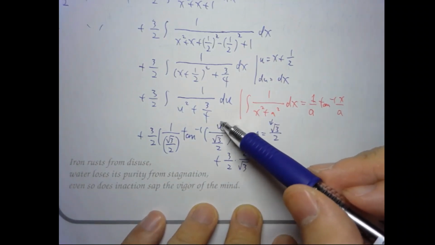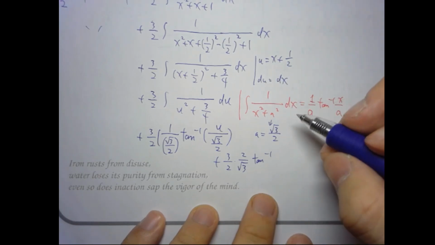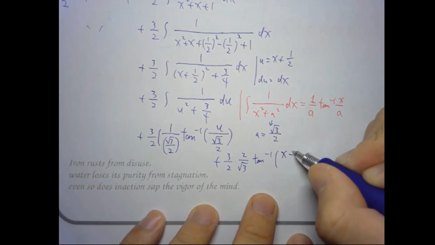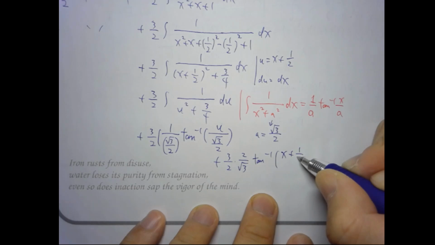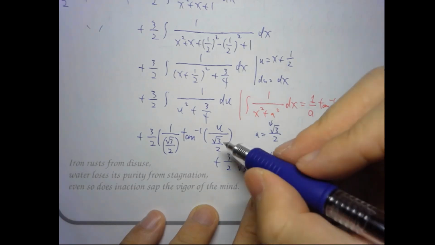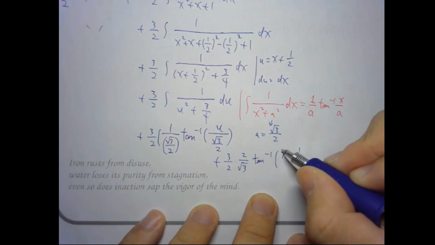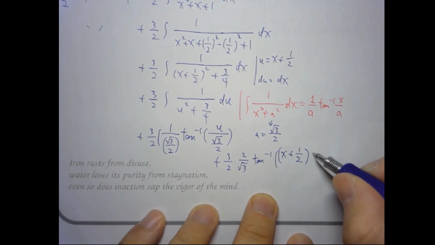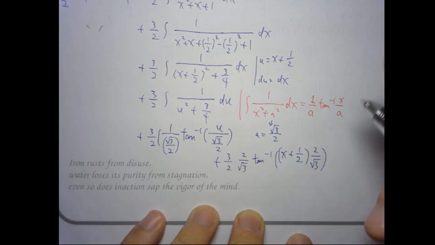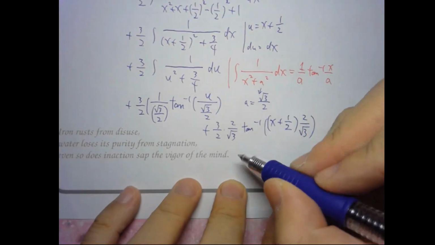And then we replace the u by x plus 1 over 2 here, and then this should be multiplied by 2 over root 3, because I reverse the fraction.